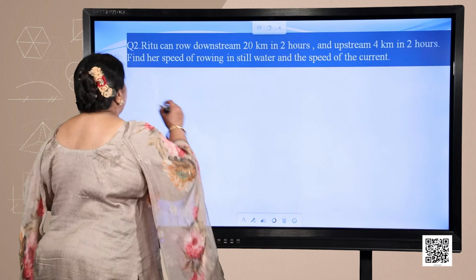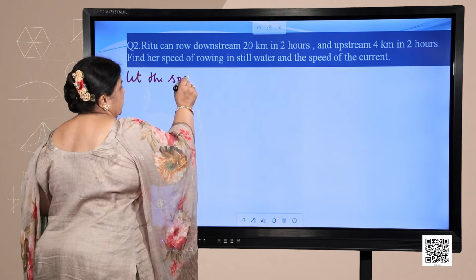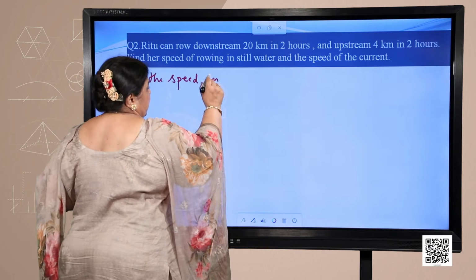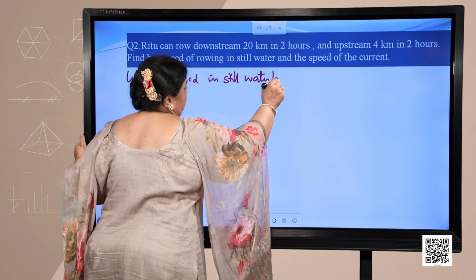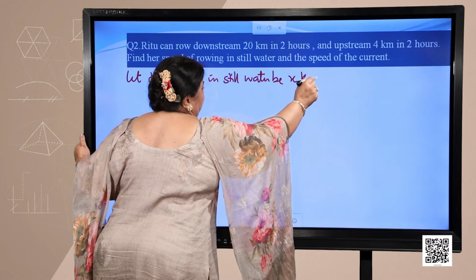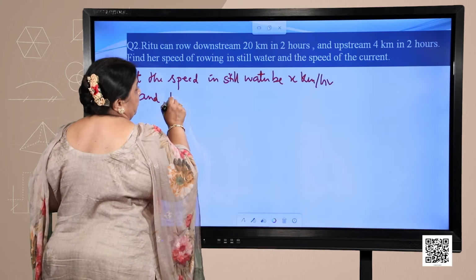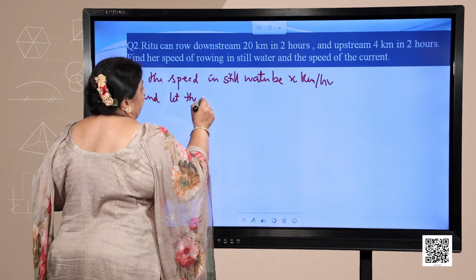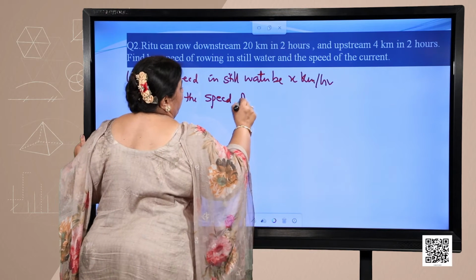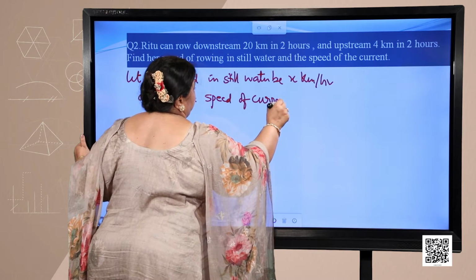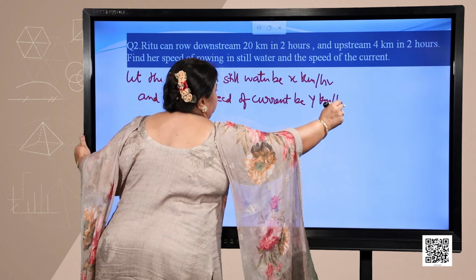Now, let us assume let the speed in still water be x kilometers per hour and let the speed of current be y kilometers per hour.